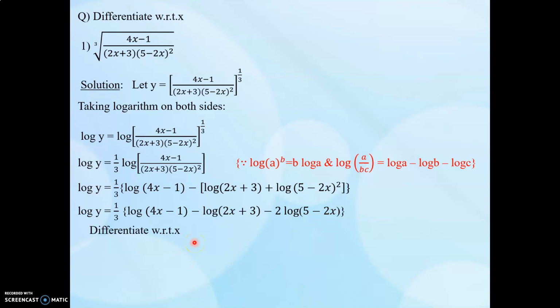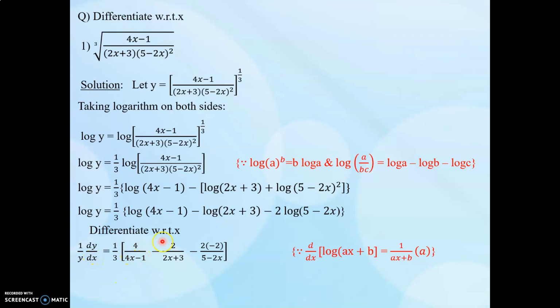Differentiate with respect to x, you will get 1 upon y dy upon dx is equal to 1 upon 3 into log (4x minus 1), which is in the format of log of (ax plus b), that is 1 upon (ax plus b) into the derivative of (ax plus b), which is a. So here 4 upon (4x minus 1) minus 1 upon (2x plus 3) into the derivative of 2x, which is 2, minus 2 is already there. So 2 upon (5 minus 2x), and the derivative of minus 2x is minus 2.